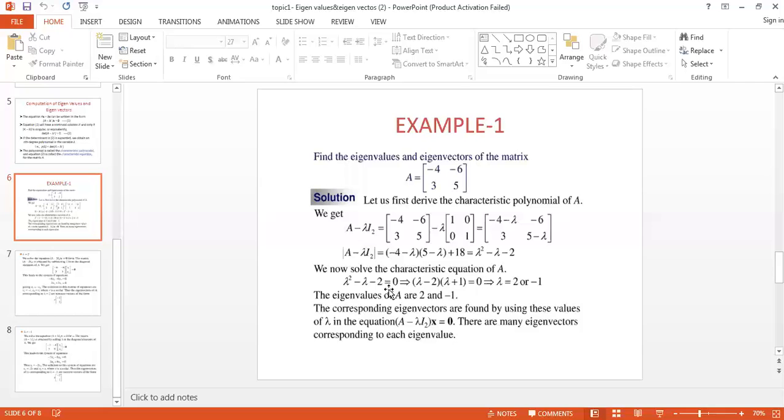So what are the eigenvalues? The eigenvalues here are 2 and -1. Now we have to find the eigenvectors corresponding to the eigenvalues lambda equals 2 and lambda equals -1.